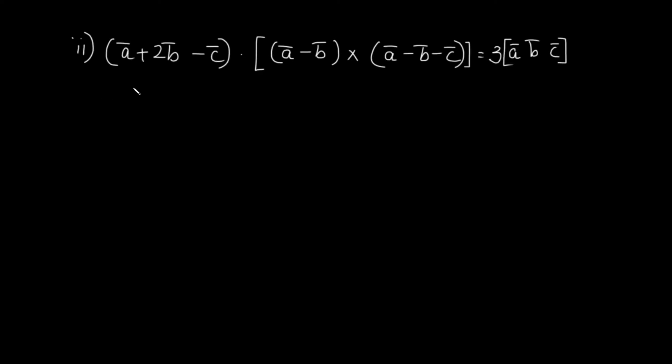Now here the question has been modified a bit. In the textbook it is A minus B minus C, that minus sign is not there. So it is just 3 box ABC that you have to prove.